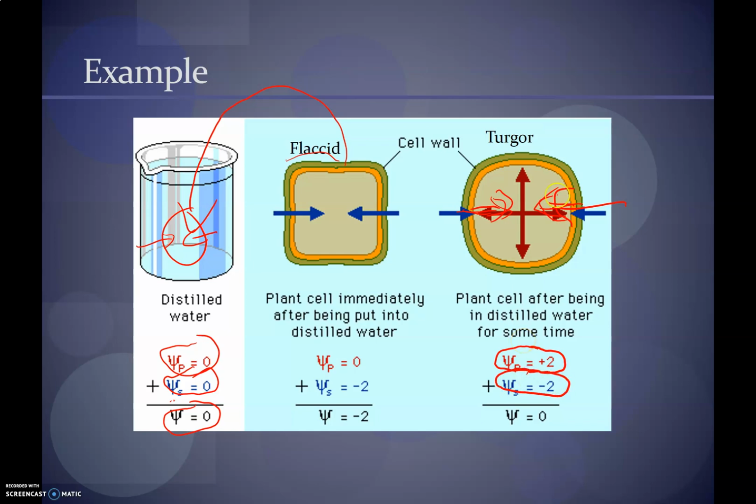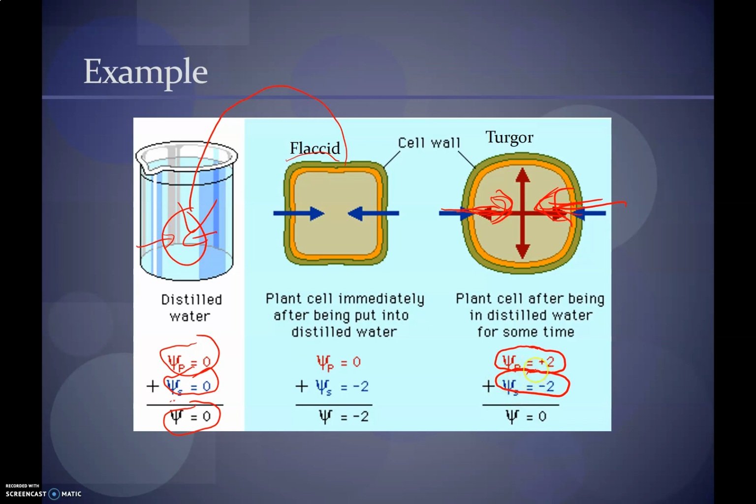And that positive pressure, again, you want to be writing this down, is created by the vacuole filling up and putting pressure on the cell wall. And the water is going to flow in until that positive pressure created is at a value of +2, so that it cancels out the negative solute potential.